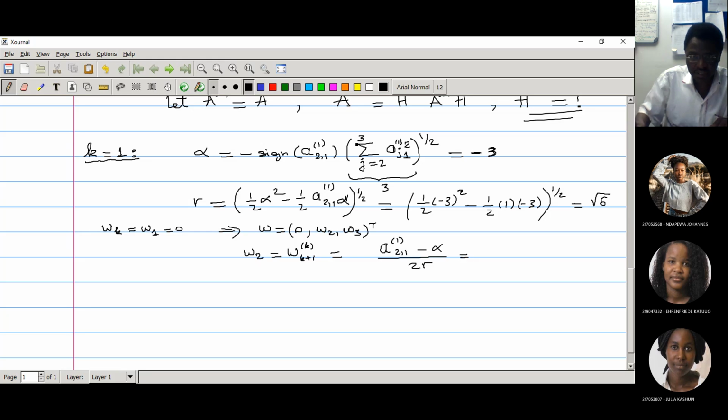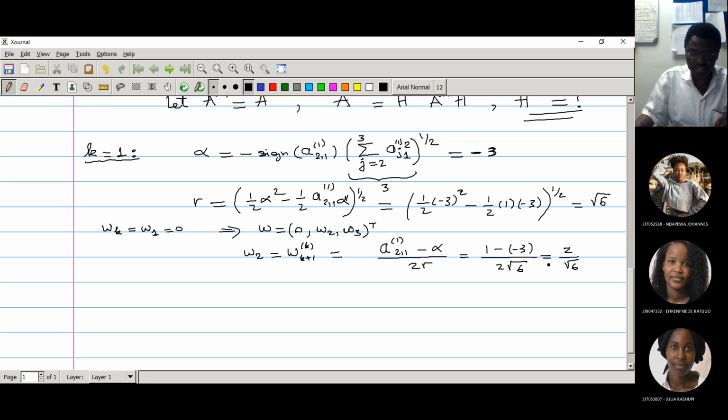And what is that? The fixed point there that I mentioned, what is that value? It is 1, so that would be 1 minus alpha, which is this, by 2R, that's 2 square root of 6. And what is this? So this is 4. We divide 4 by 2 square root of 6.